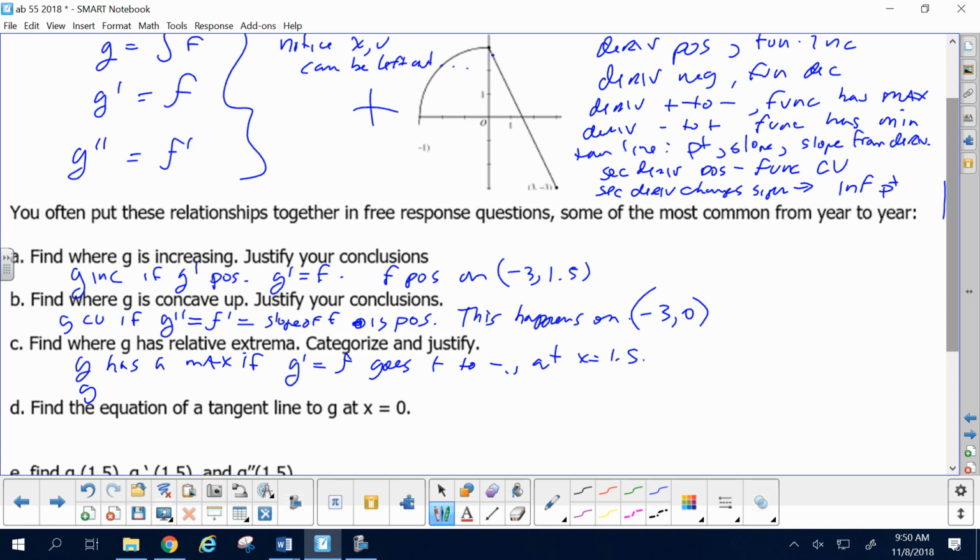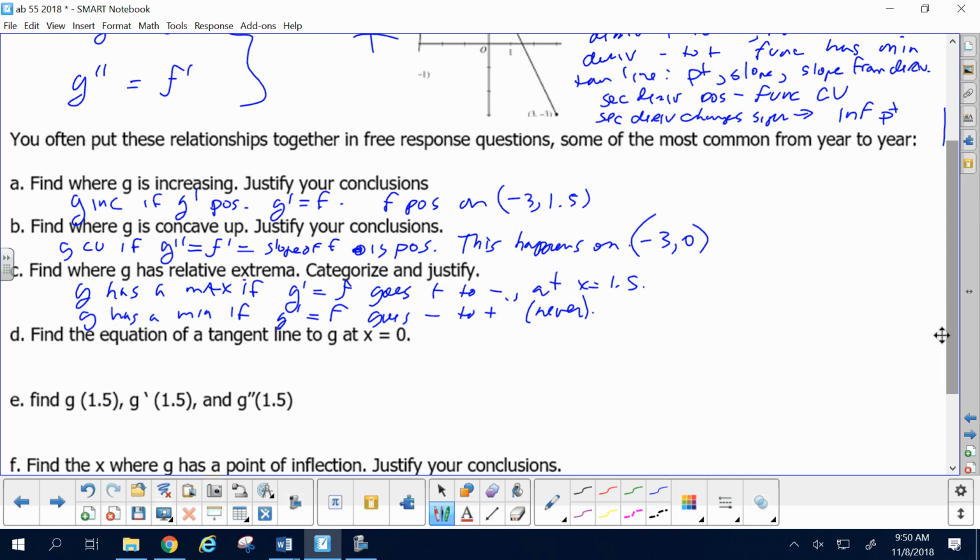Would you agree that G has a min if G prime, which equals F, goes negative to positive? Does that ever happen, where the graph goes from negative values to positive, from below the axis to above? Does that ever happen? No. Okay? Typically, you wouldn't say something that doesn't happen, but just for the notes' sake.